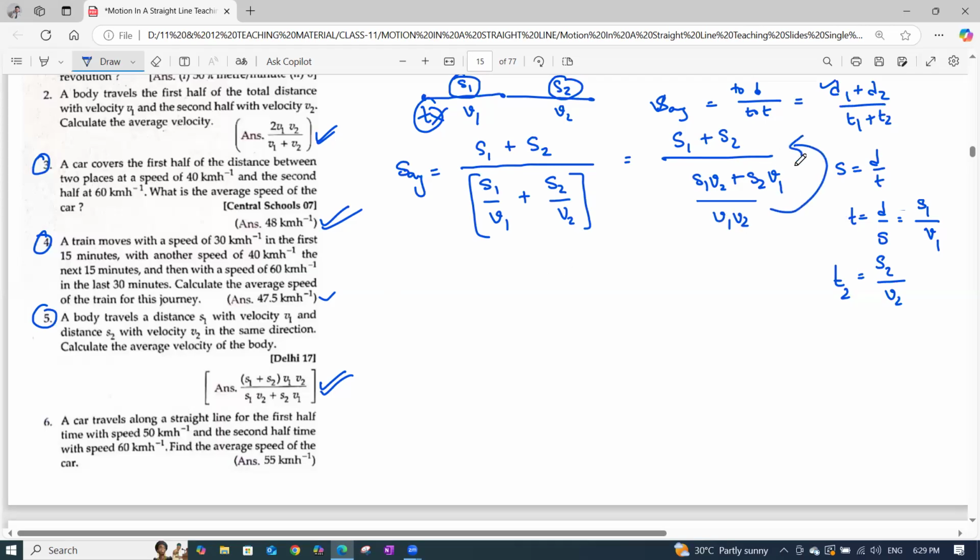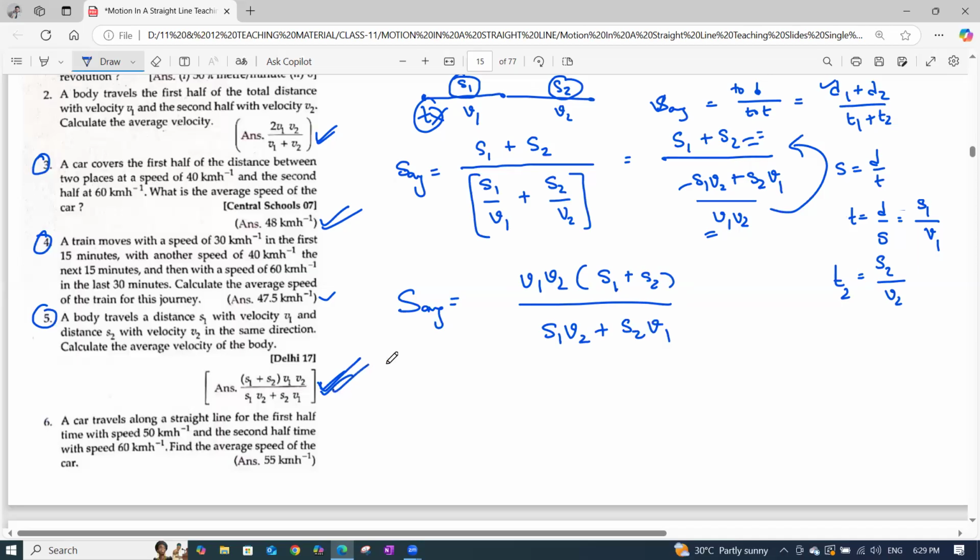If you take the reciprocal, what happens? V_avg is equal to this denominator goes to the numerator, that is V1 V2 multiplied with S1 plus S2, upon S1 V2 plus S2 V1. So this is the solution for this.